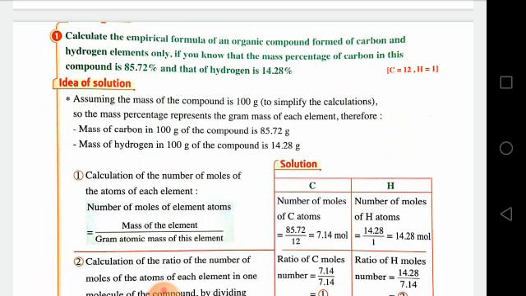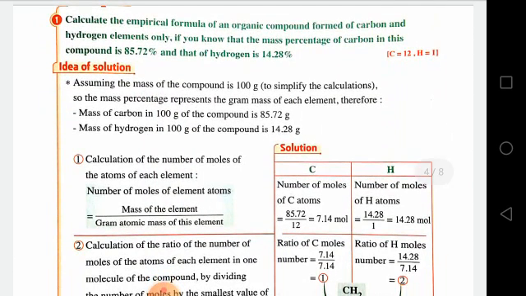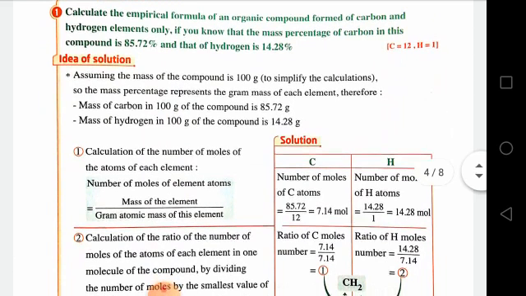Here we are asked to calculate the empirical formula for an organic compound formed of carbon and hydrogen elements only, if you know that the mass percentage of carbon in this compound is 85.72% and that of hydrogen is 14.28%. So, firstly, we must calculate the number of moles of carbon and hydrogen. This number of moles can be calculated from the relation illustrated here.